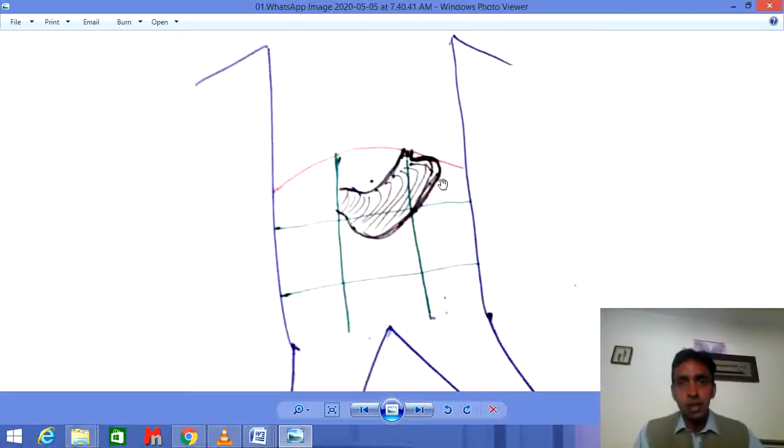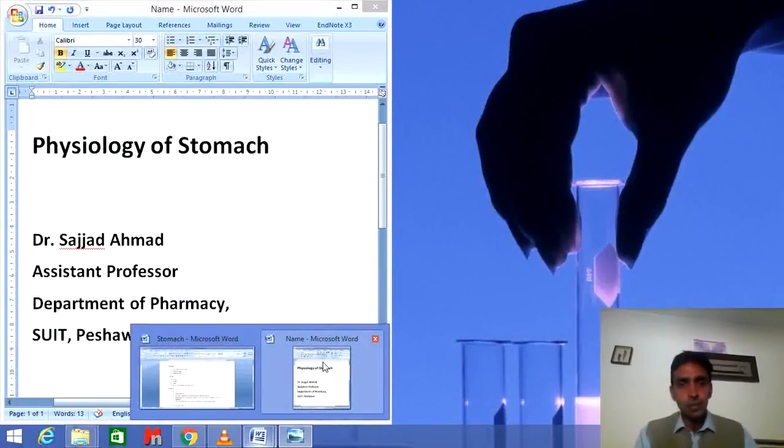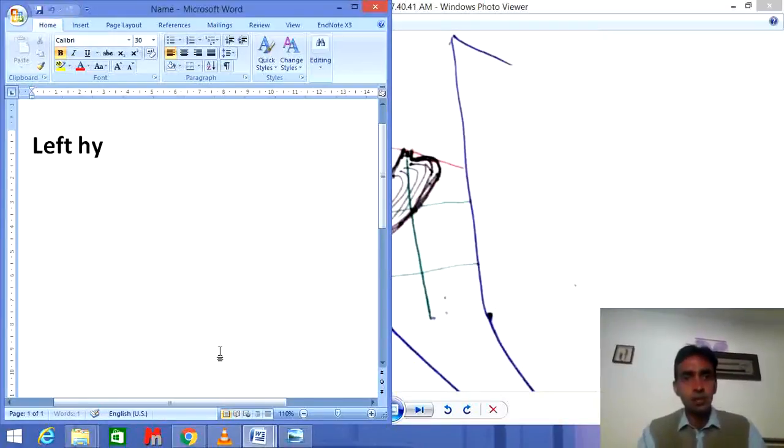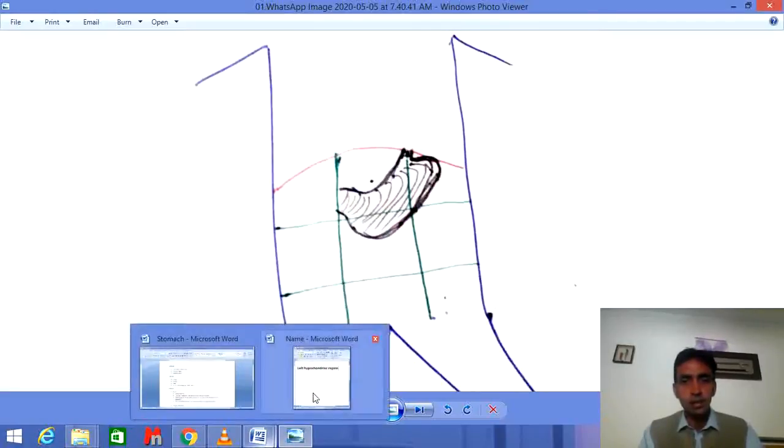This region is called the left hypochondriac region. This part is called the epigastric region.